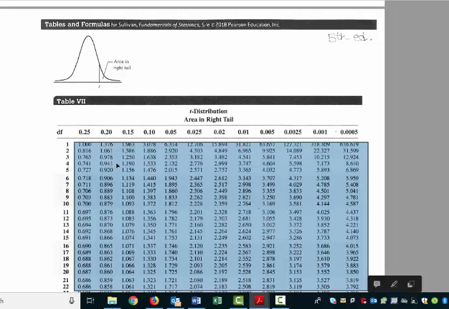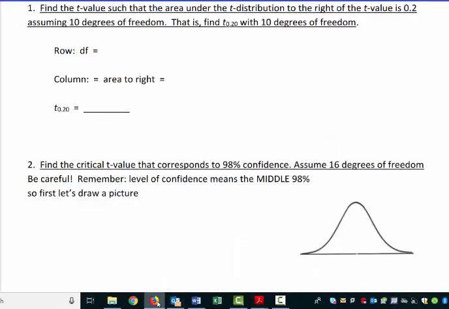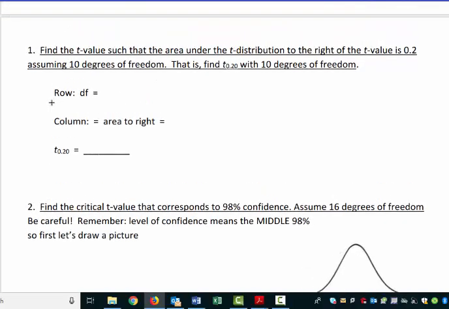In order to read the T, you have to know the degrees of freedom, and you have to know the area, and then you can get your T. So these values in here are the T's. Okay, so let's go back to our problem and figure out how to read this thing.